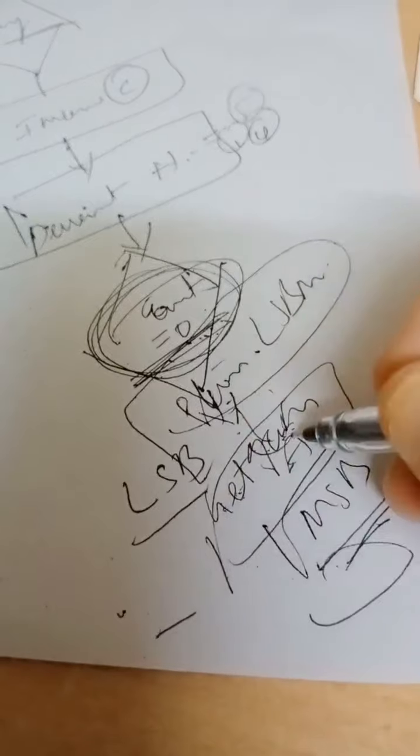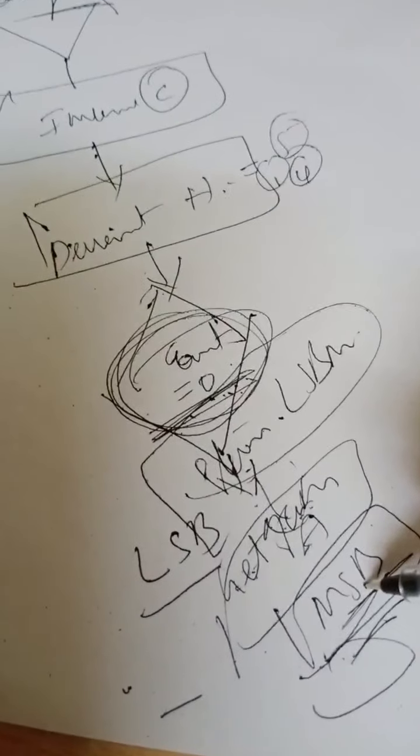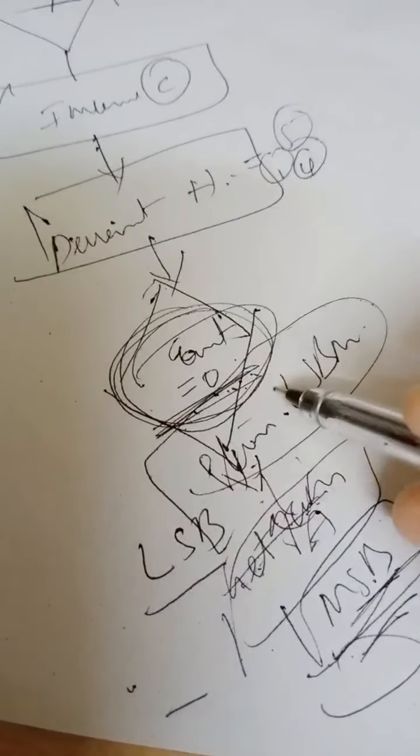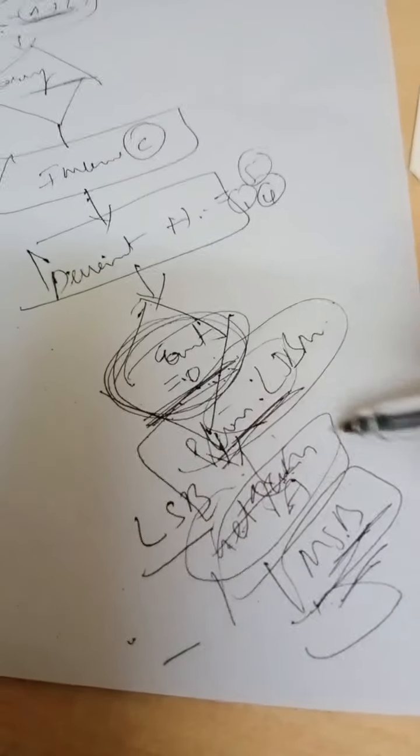This is LSB: you have to copy from the C register into A. Now this is MSB, the most significant bit. You have to store the most significant bit. First, after checking that the count has become 0, it will store the LSB, the least significant bit. After that, it will get the contents of the C register into A.